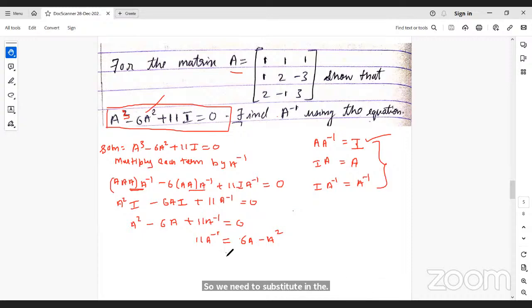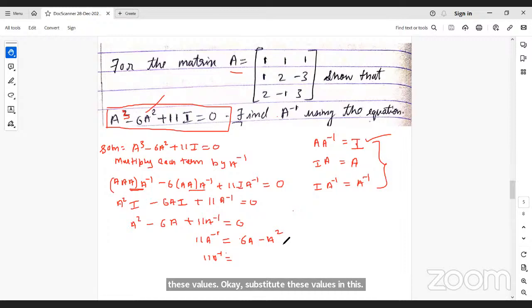When we substitute this, 11A inverse will be equal to 6 into A minus A square. So we have to substitute these values in this equation, that is A value and A square value.